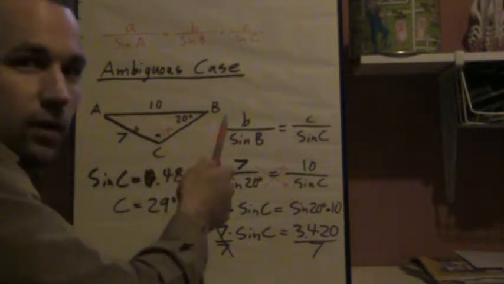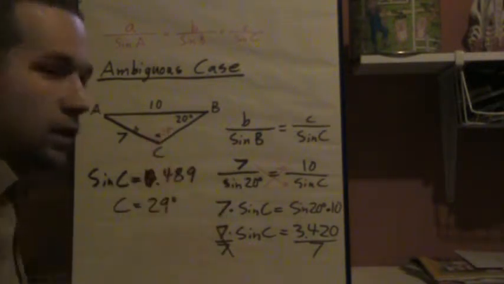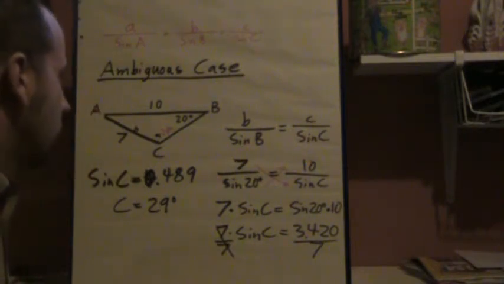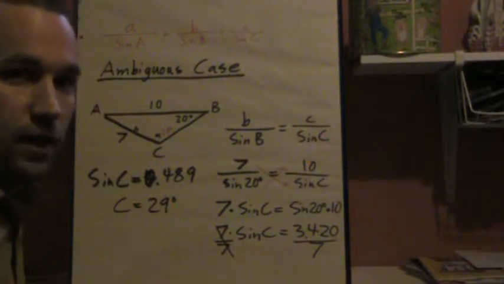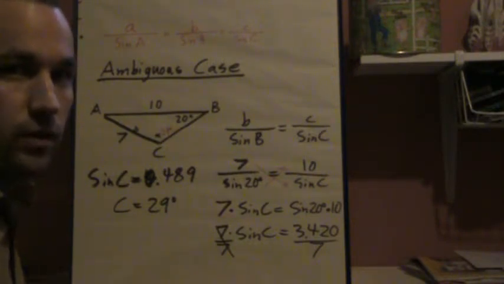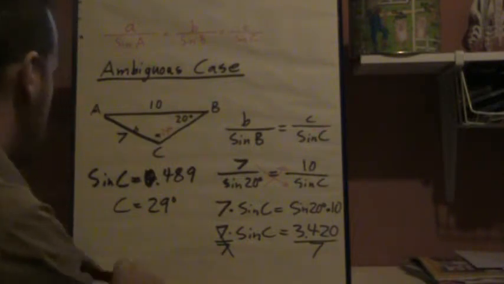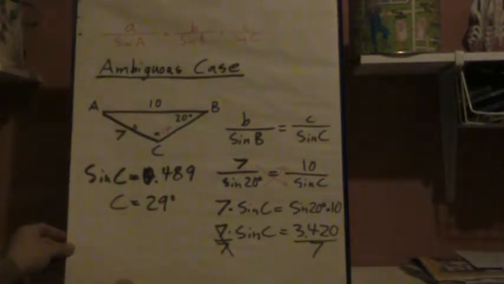And by the diagram, it's obviously much larger than 90 even. So something's going on here, right? 29 can't be my answer. We're going to see how it sort of is your answer, but you have to adjust for what they call the ambiguous case. So we'll flip this over and we'll come back to it.